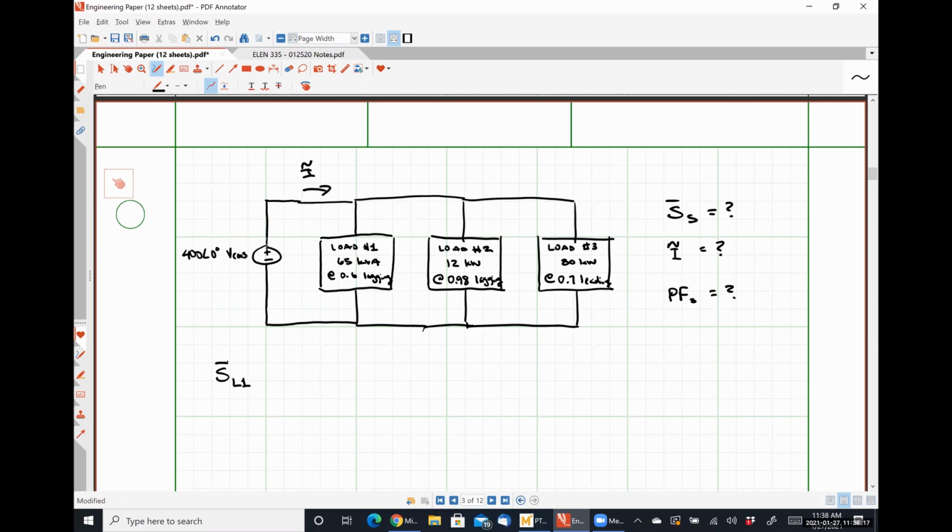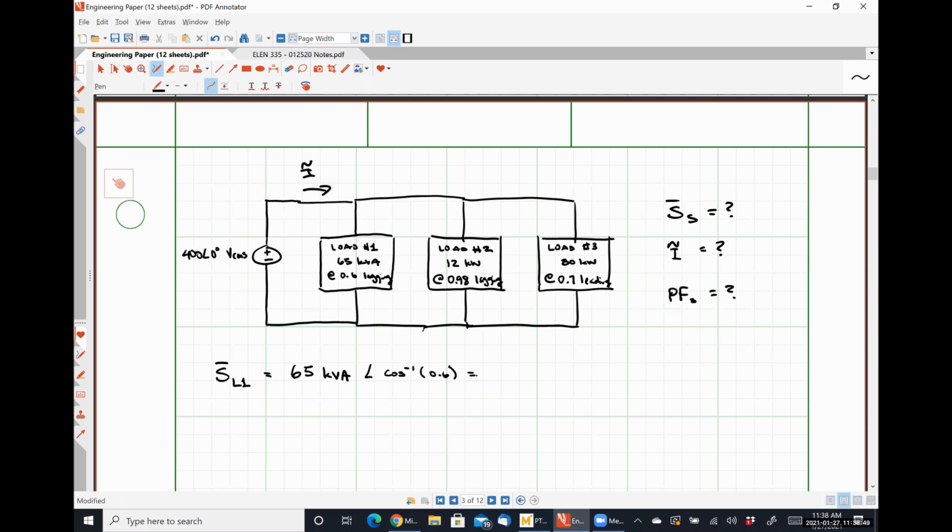All right, so the complex power absorbed by load 1, let's call this S L1. I'm given apparent power, right? Which means I already know what the magnitude of my complex power is. So it's just going to be 65 kilovolt amperes with an angle of inverse cosine 0.6.